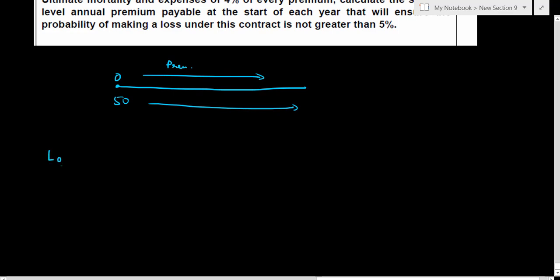Let's call that L0 since we are at time 0, and that would be equal to 10,000, the amount of benefit, v to the power of K_x plus 1, minus the present value of premium. Since we have no expenses in this question, let's just use the amount of premium. So 0.96 times the annual premium, let's call it G, or you may call it P, whatever you want, times ä_{K_x plus 1}.